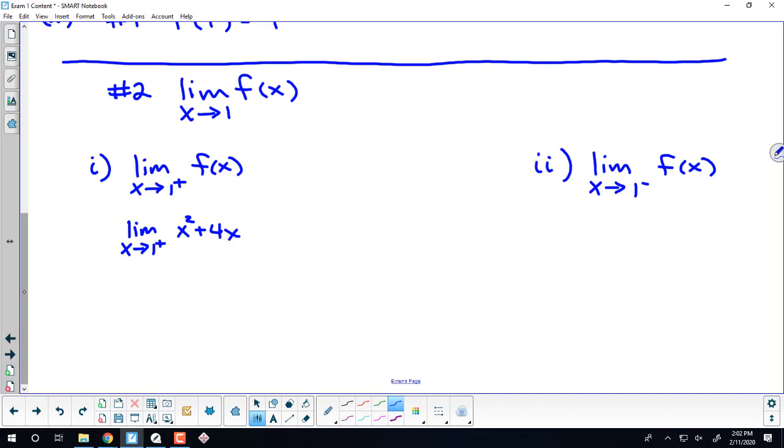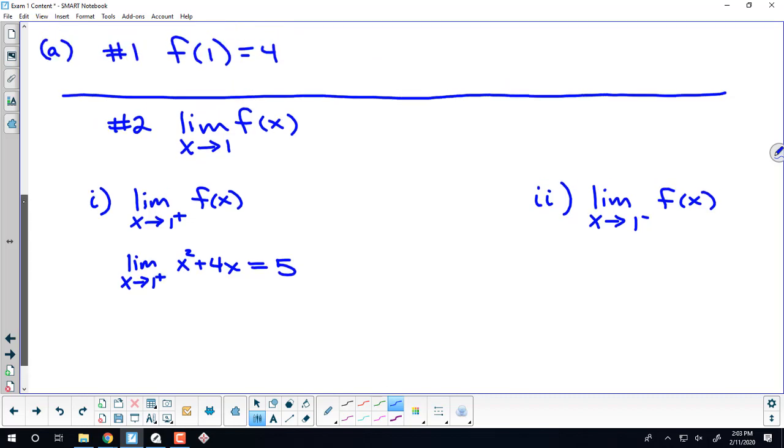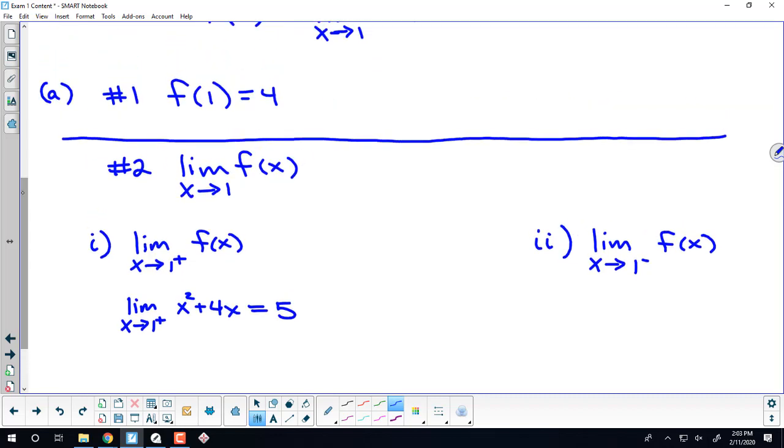So 1 from the right, x squared plus 4x, that limit is what? 5. Yeah, now that we know the function, we're just plugging 1 in, 1 plus 4 is 5. So stop right there and then determine what your work shows you. Okay, I've computed the limit from the right at 1.